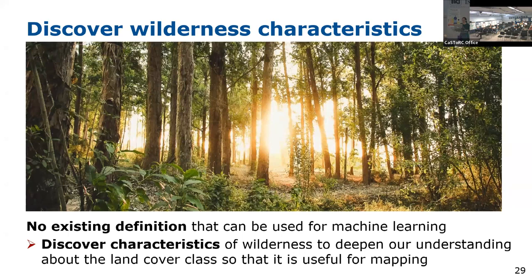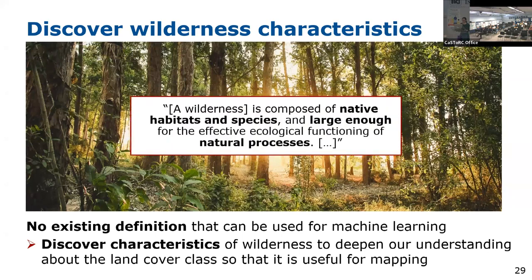There are actually a few definitions, for example, the one from the European Commission, and they say a wilderness is composed of native habitats and species and large enough for the effective ecological functioning of natural processes. The problem is, what is actually large enough and what is a natural process? So all vague terms, and so it's really hard to use it for a machine learning mapping algorithm.